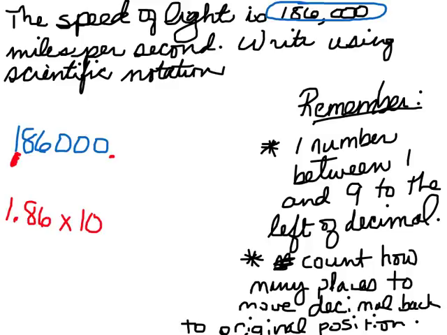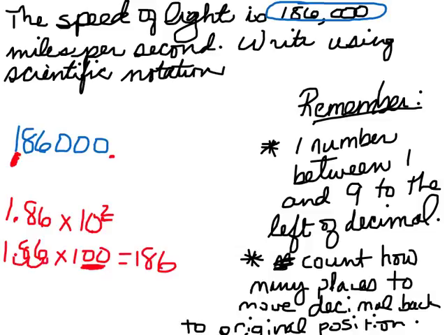If I had 1.86 times 10 to the second power, that's the same thing as 1.86 times 100, because I can just write up here as the exponent how many zeros I have. I have 2 zeros, so that's times 10 to the second power. Isn't 10 squared 100? 10 times 10 is 100. That tells me to move the decimal over 2 places, and you would be right, I get 186. I heard Rachel say that, and probably some of the others of you too.